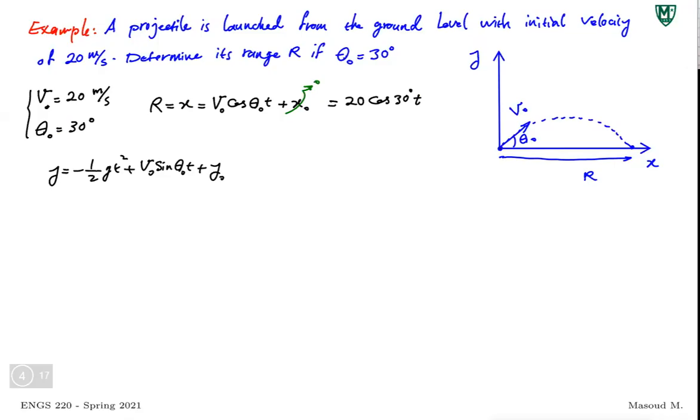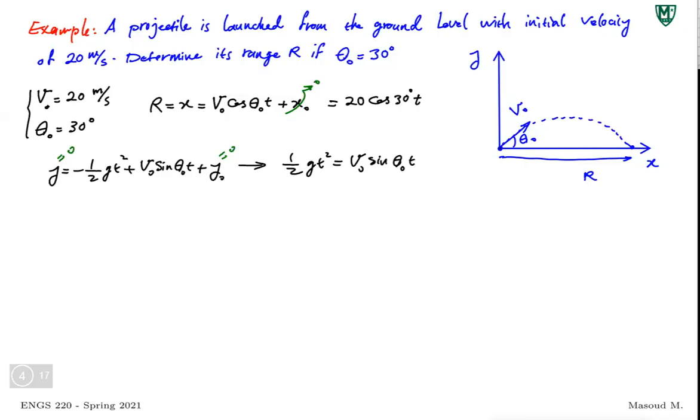So y is 0 and y naught is also 0. Starting from the ground, y naught is 0. Ending up on the ground, y is equal to 0. So what is left is 1 over 2 g t squared, which I moved to the other side, equal to v naught sine theta naught t.